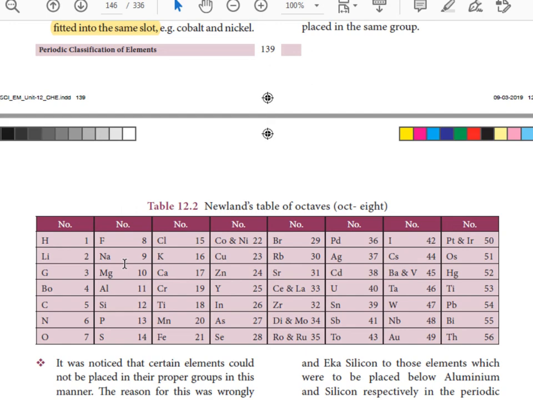So what he said is that every eighth element had properties similar to those of the first element. This is his law. He arranged the elements according to the increasing order of atomic masses.